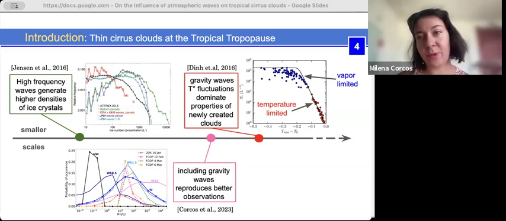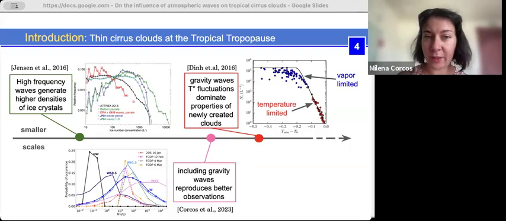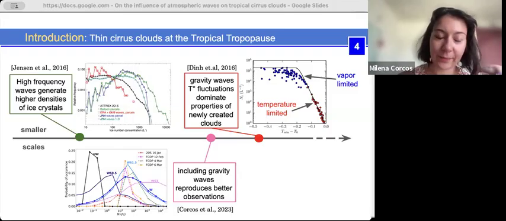Dean et al. demonstrated that temperature fluctuation during a cooling can dominate the properties of these newly formed clouds. And then more recently, we showed with a simple model that including gravity wave variability can significantly improve agreement between our modeled results and observed cirrus microphysics.